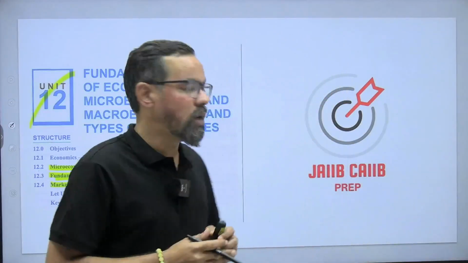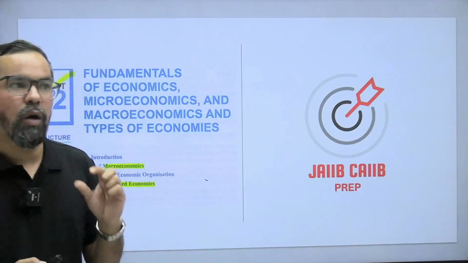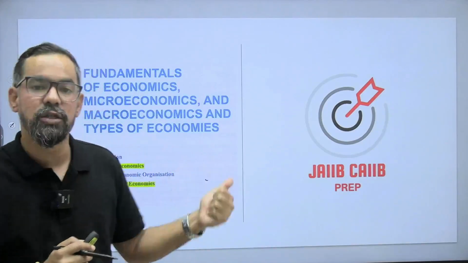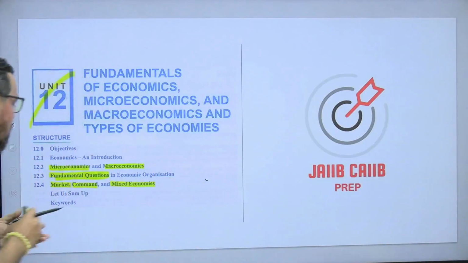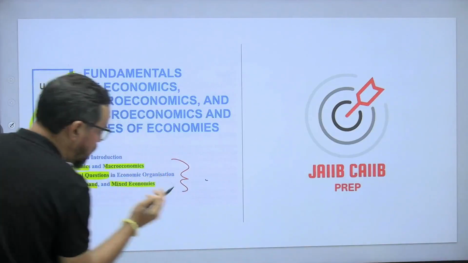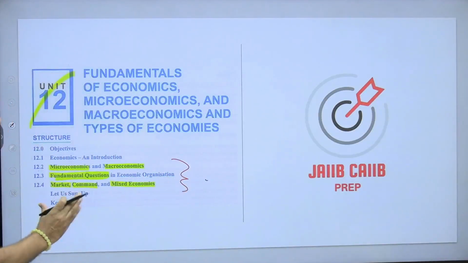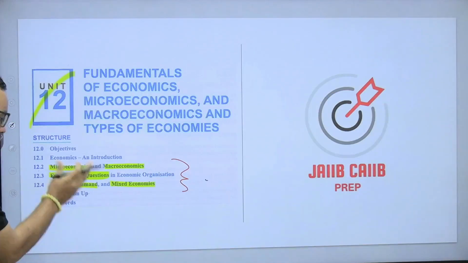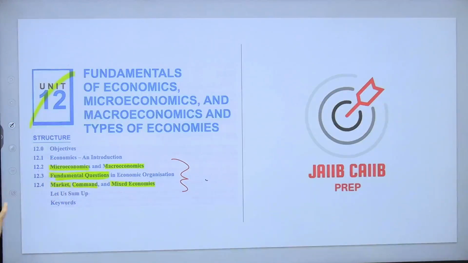So every time you'll see on average a 2 marks question based on this particular unit. These are the 3 subtopics, and you can expect one question from each, and you cannot eliminate any. You have to prepare all the 3 subtopics from this unit.